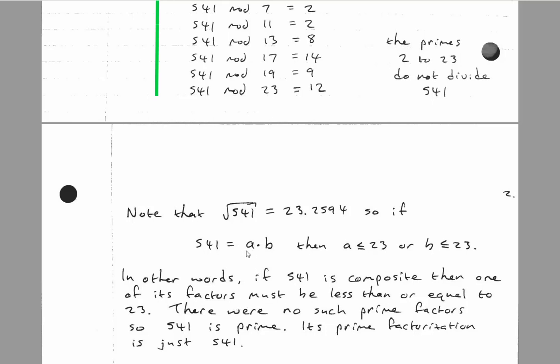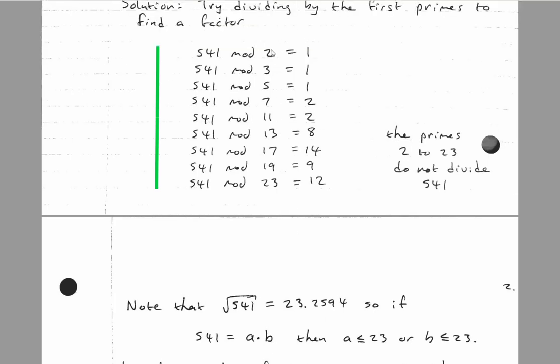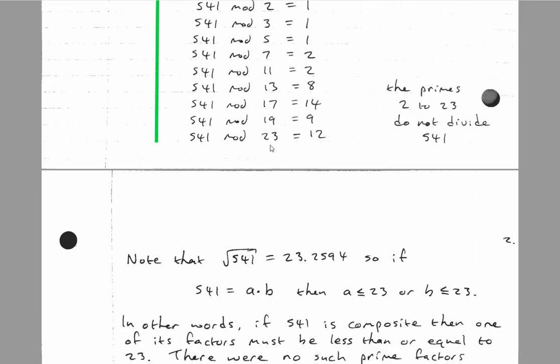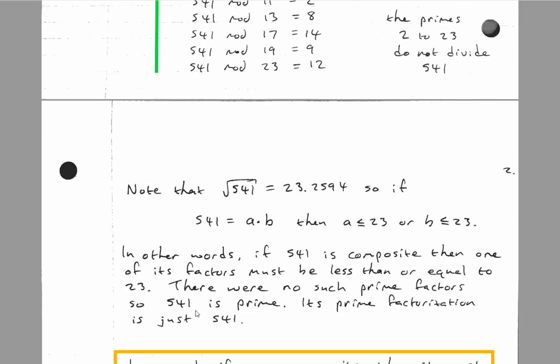And in particular, if, say, A is the small one, then either A is prime or a product of primes, but either way, there has to be a prime factor smaller than or equal to 23. Okay, if there's no such prime factor, so we've ruled out all the primes 23 or smaller, then that tells us that 541 has to be prime itself.